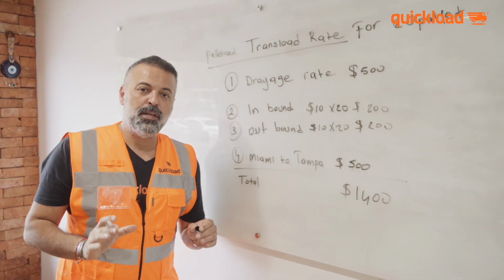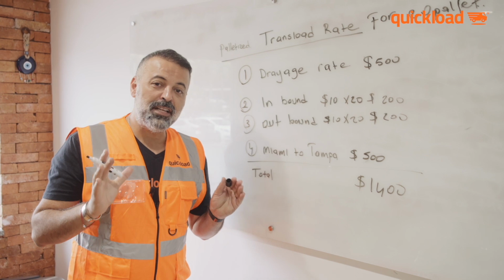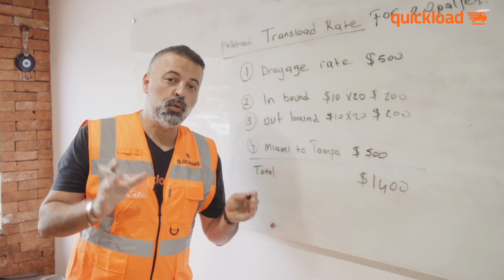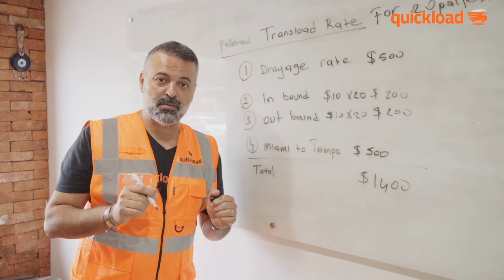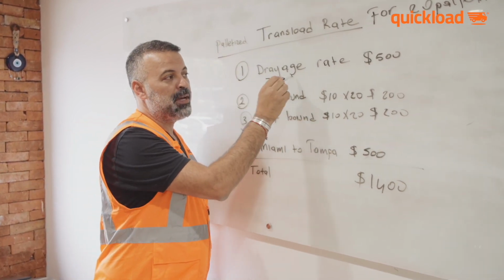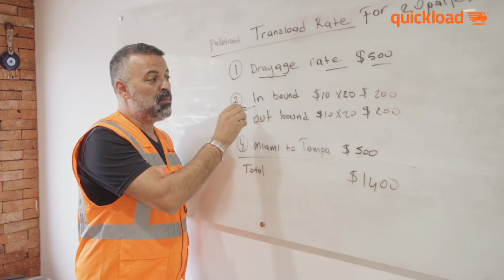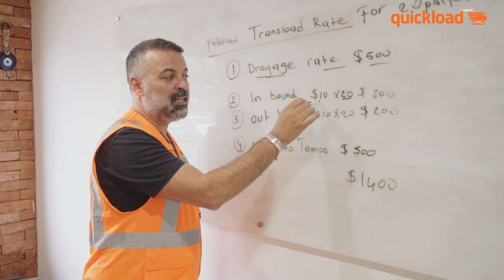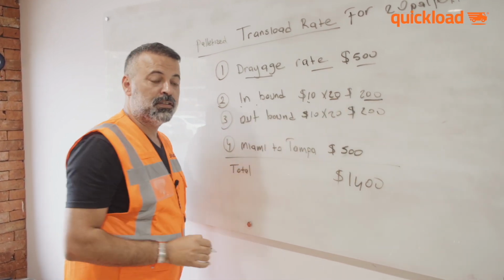Right now I'm going to explain to you palletized transload rates. We have a container coming from Port of Miami with 20 pallets to our warehouse or any other warehouse. What do we need to know? Drayage from Port of Miami to the warehouse, $500. Inbound for 20 pallets, $10 for each pallet for inbounding, that's $200.